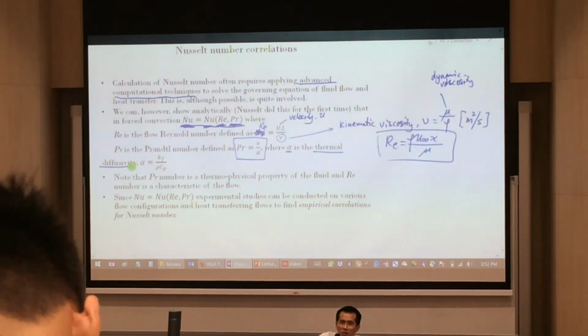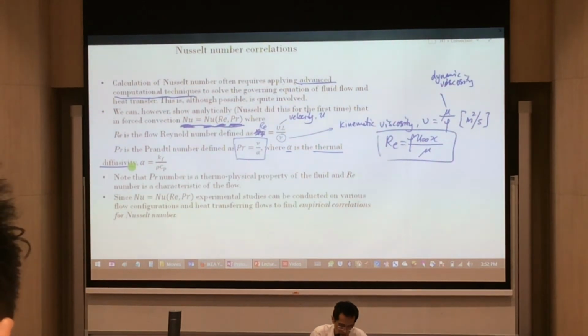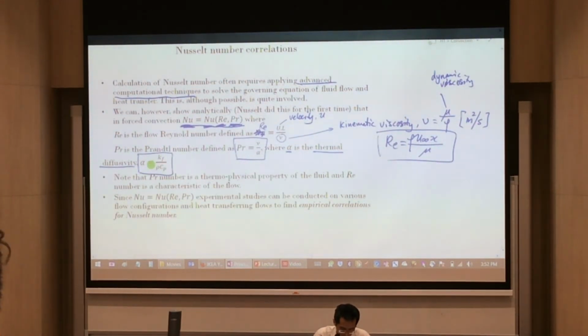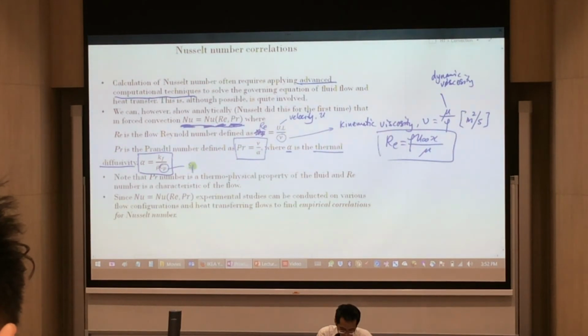That means how much your heat can diffuse away. Thermal diffusivity is given by this formula. Alpha is equal to K divided by rho Cp. So Cp over here is your specific heat capacity at constant pressure.